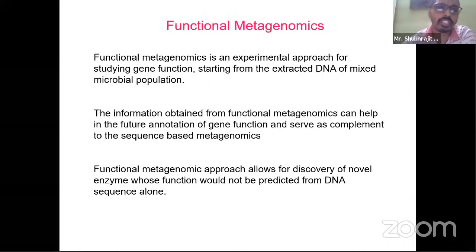Functional metagenomics is an experimental approach for extracting DNA from a mixed microbial population, and the information obtained from functional genomics can help us annotate future gene functions and serve as a complement to sequence-based metagenomics. It allows us to discover novel enzymes whose functions cannot be predicted from DNA sequences alone.